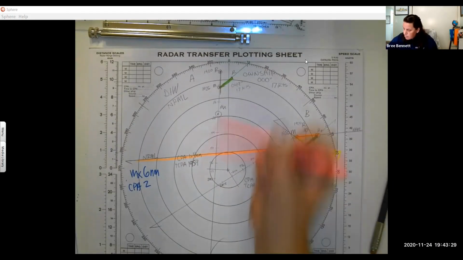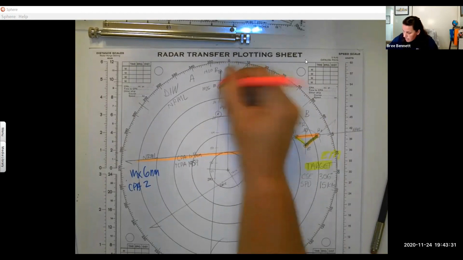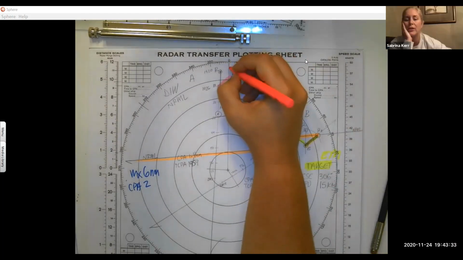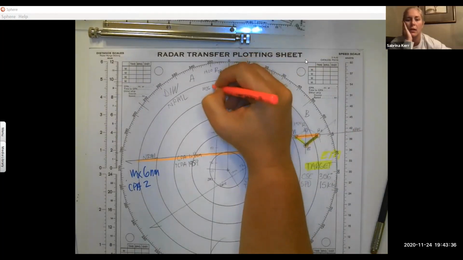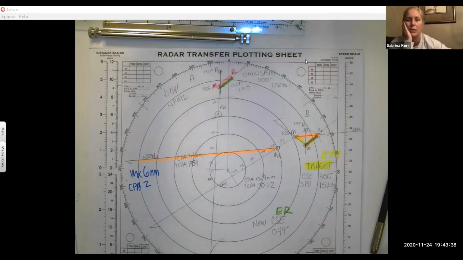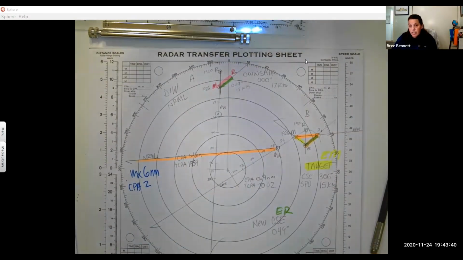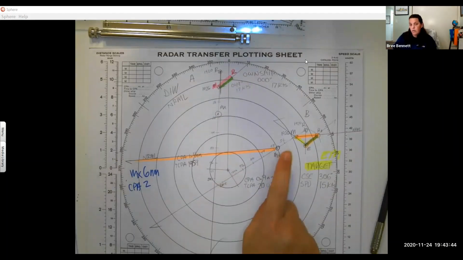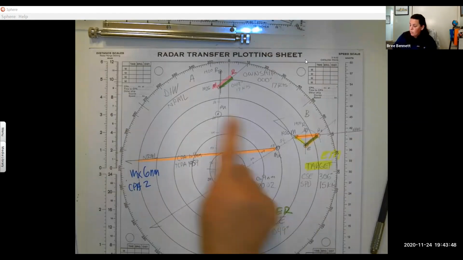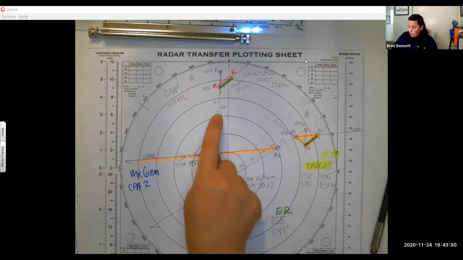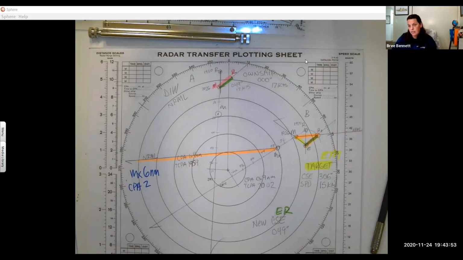So I'm looking at my R to M. Why wouldn't you just put MX on the 6 nautical miles? Because that target has a different relative speed than that target. So we changed course when this target was 6 miles away. But when we did that, this target wasn't quite 6 miles away. Okay.